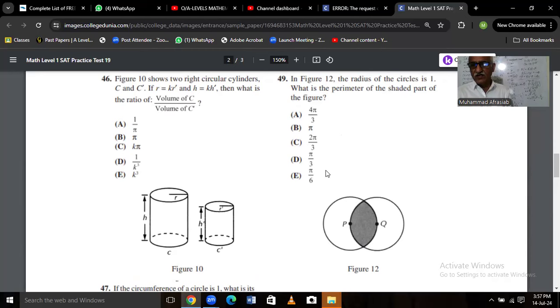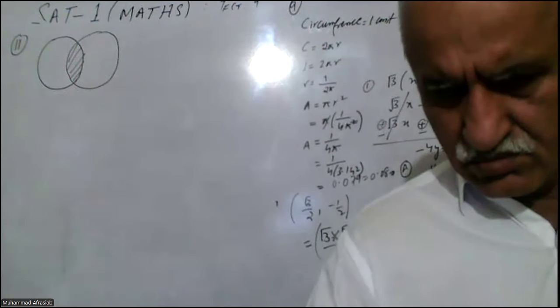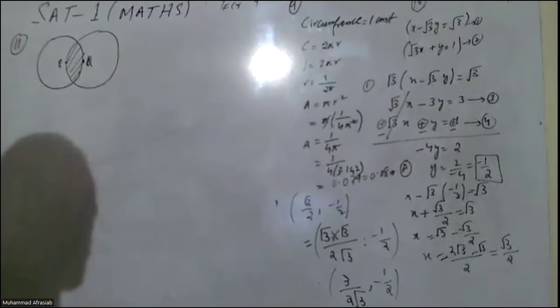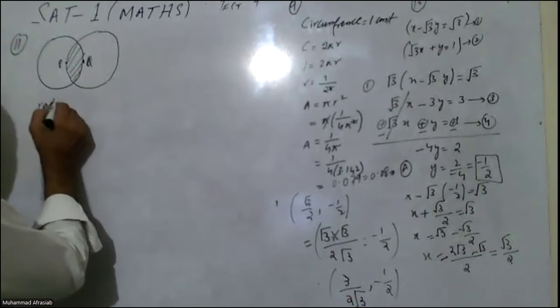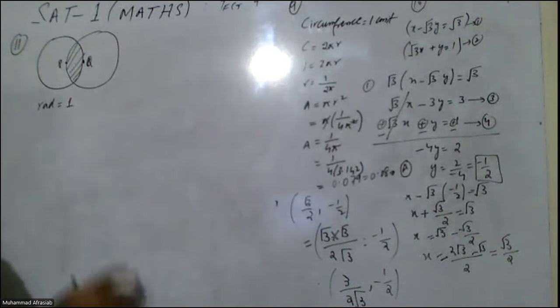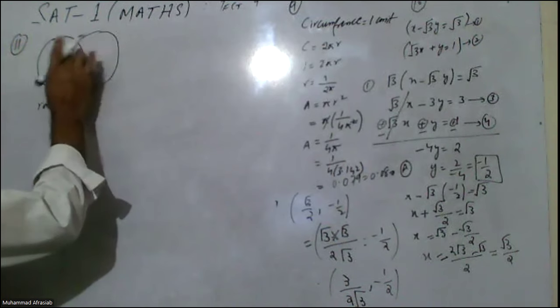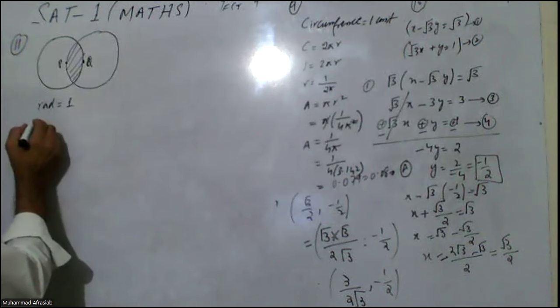What is the perimeter of the shaded region of this figure here? Since their radius is equal to 1 unit, they are overlapping each other, and we are going to find out the perimeter of this shaded region.